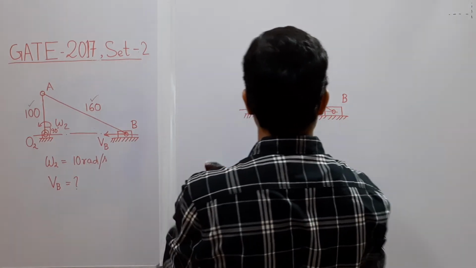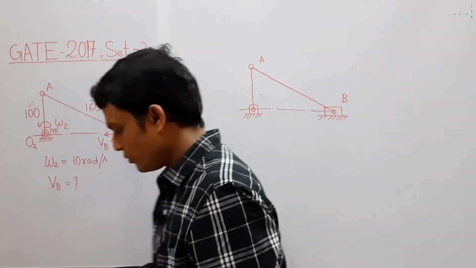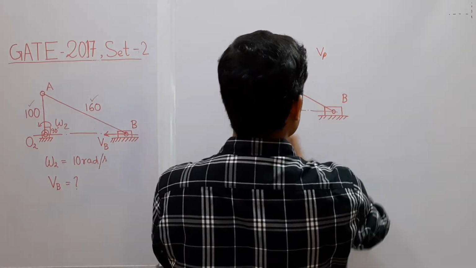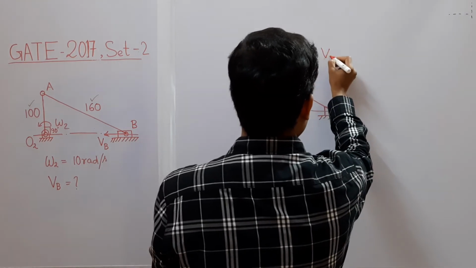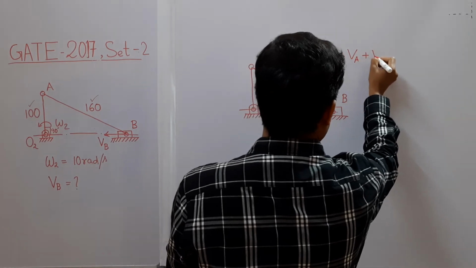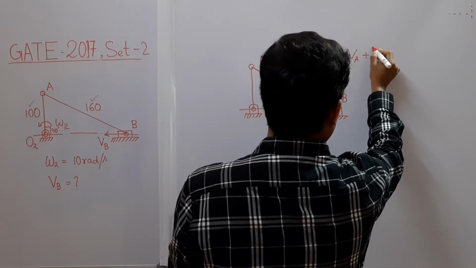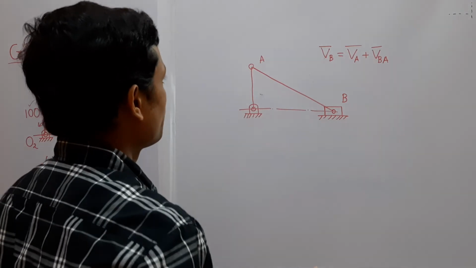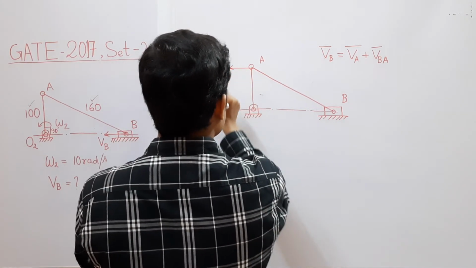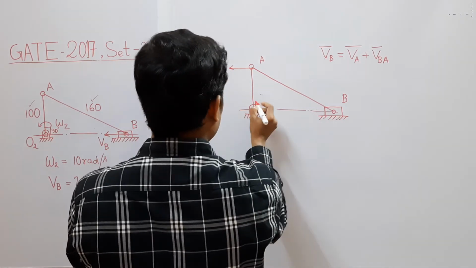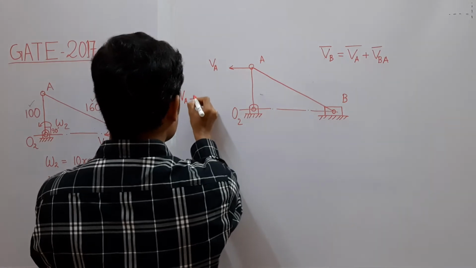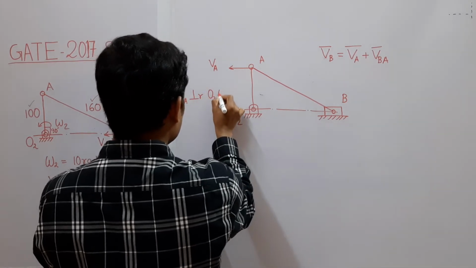So this is A. So by relative velocity method we can write VB is equal with VA plus VBA. So VA is along this direction, that is perpendicular with O2A. So VA is perpendicular to O2A.